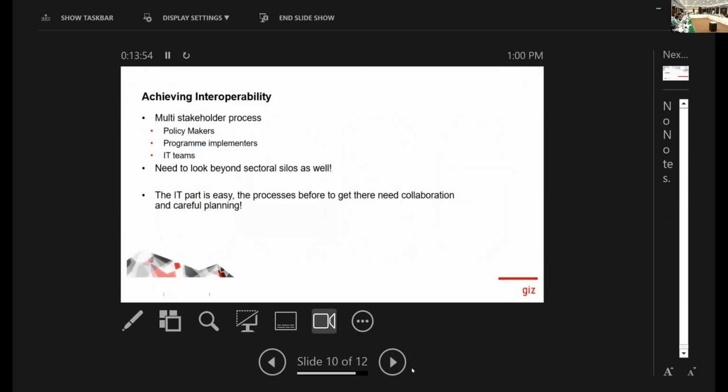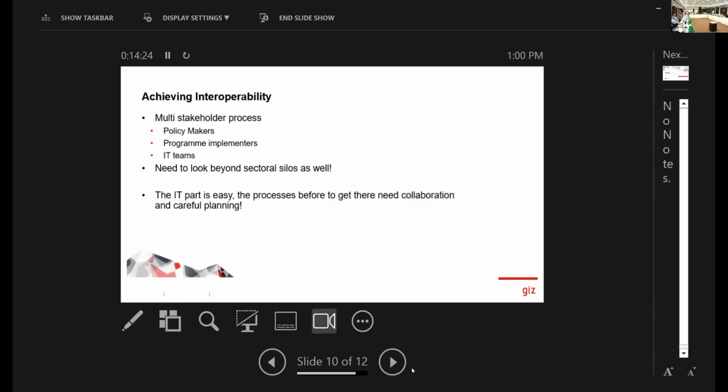So at the end, achieving interoperability, we all agree that interoperability is needed and is key, but we now understand, or we should understand, that this is a multi-stakeholder process, and it's not just the IT teams on this list at the bottom. It really starts with the policymakers and the program implementers.